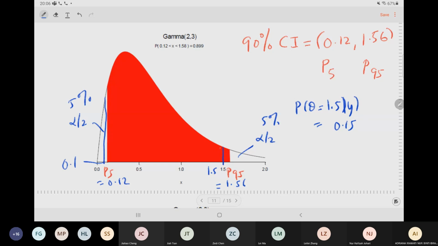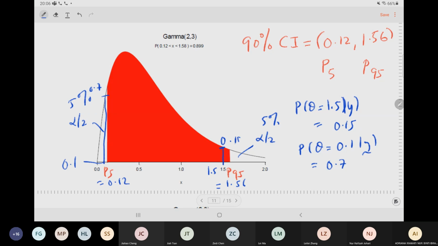This height here is 1.5, and if I choose theta as 0.1, the height is, so this is density, the height is actually 0.7. You can see from here already. This is 0.7, the height, and this is 0.15.